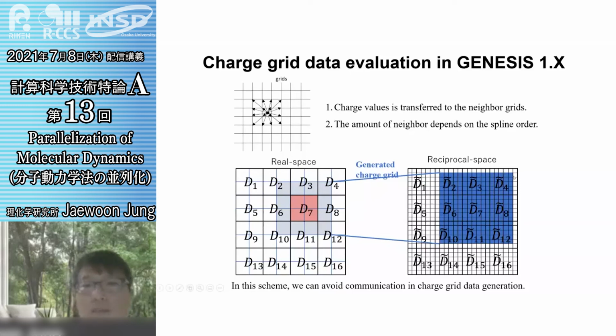And among them, we just select the charge grid data in this subdomain region, and we discard the charge grid data on this blue region. But the good thing is that we don't need any communication at all in this procedure. And that's why we used this scheme for K computer.